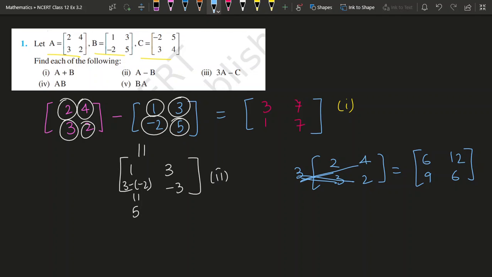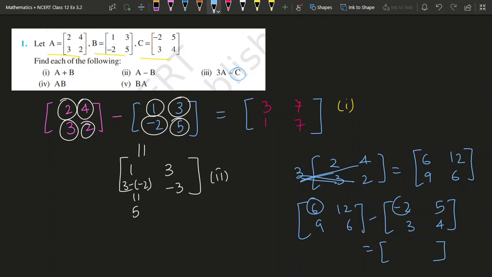And from that you subtract out C. So 6, 12, 9, 6 minus the matrix C, which is negative 2, 5, 3, 4. And again you do the element-wise subtraction. So 6 minus minus 2 is 8, 12 minus 5 is 7, 9 minus 3 is 6, and 6 minus 4 is 2. That's the answer for the third part.